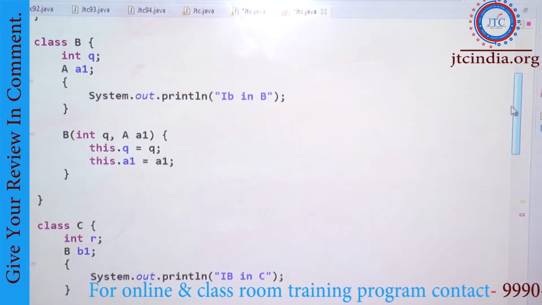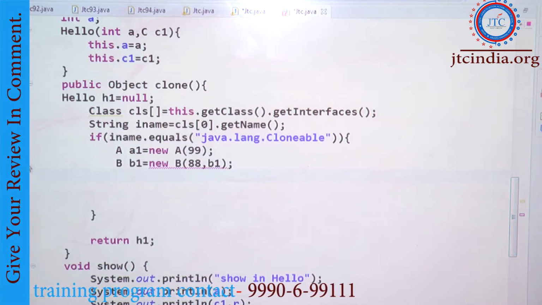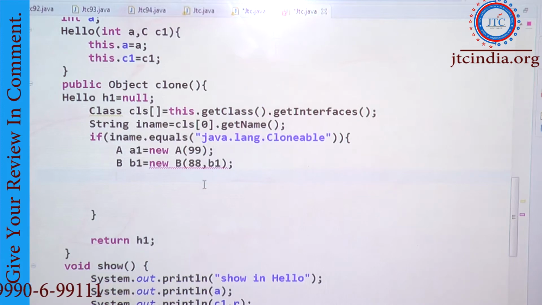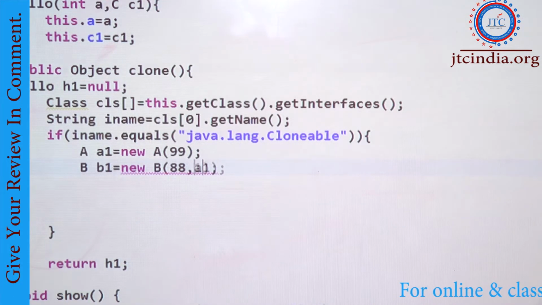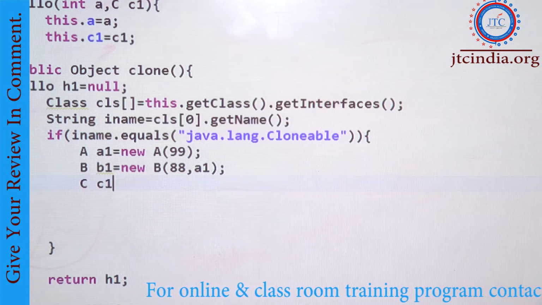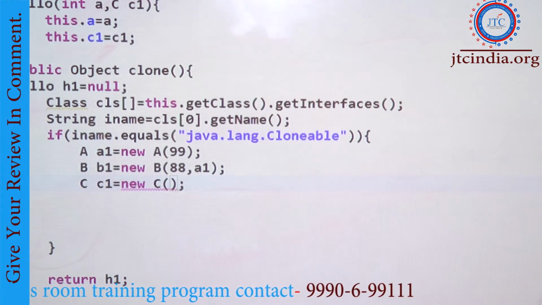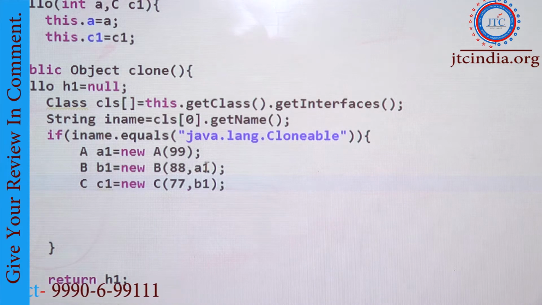So we will go to the class B. Inside the class B, int and A a1 is available here. Why is it error? Constructor int is not identified, so I am writing a1. Okay. Now C c1 is equal to, I am writing new C. Here inside that 77, and next I am writing which one now? b1 I am writing.